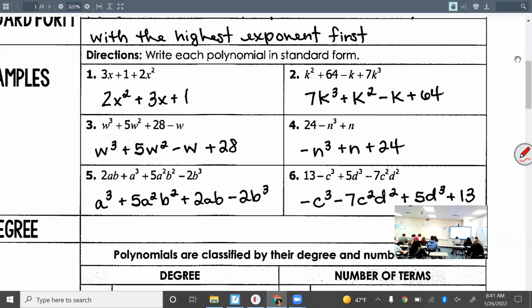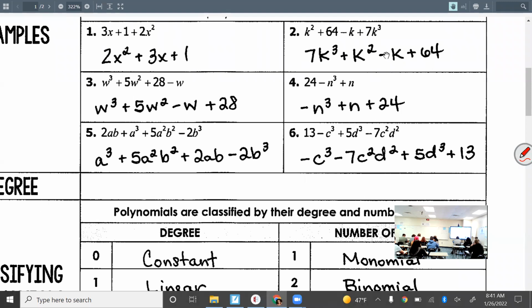So number 2, only one variable that we're dealing with. So you always sort through the ones that have letters first. Constants are always written last. And make sure that you keep the symbol that is in front of each term that belongs to that term.